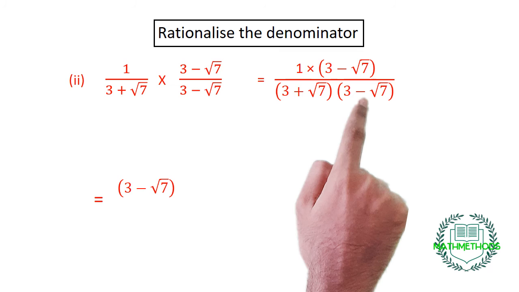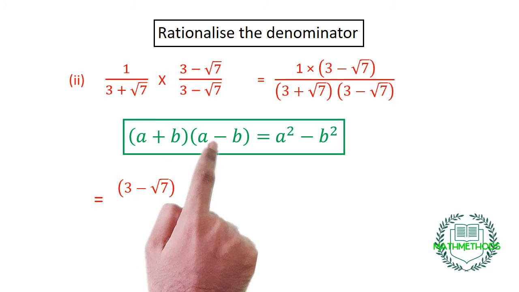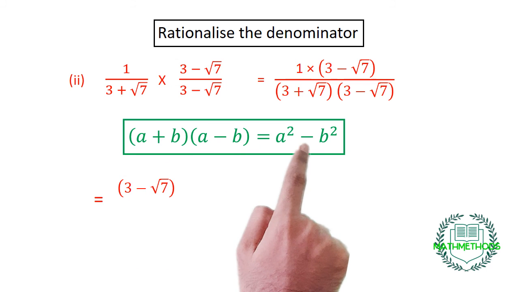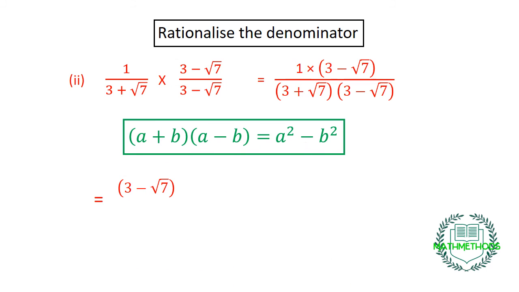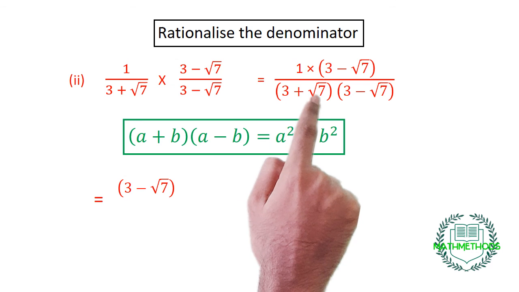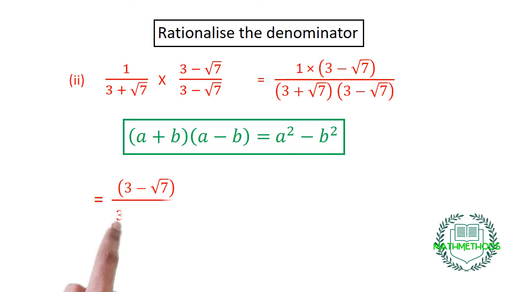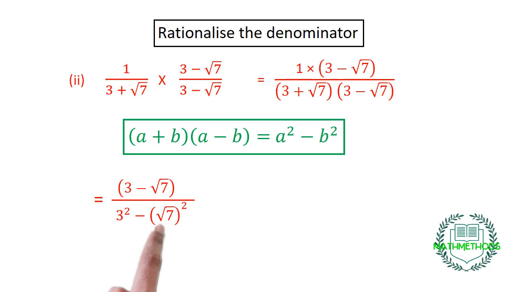We can apply here the identity a plus b into a minus b equals a squared minus b squared. Here a equals 3 and b equals root 7. So a squared minus b squared will be 3 squared minus root 7 whole squared.